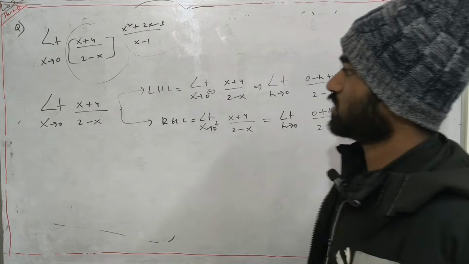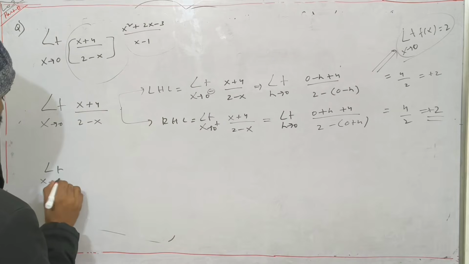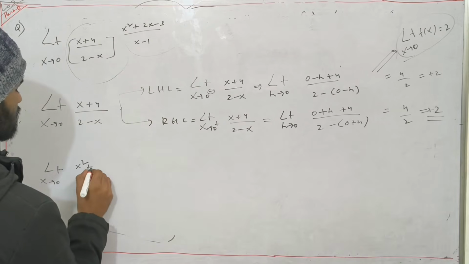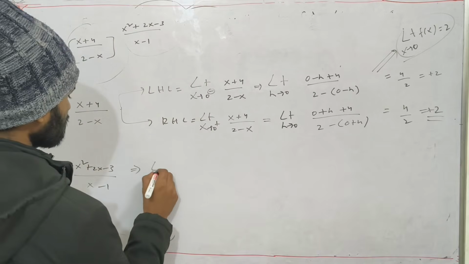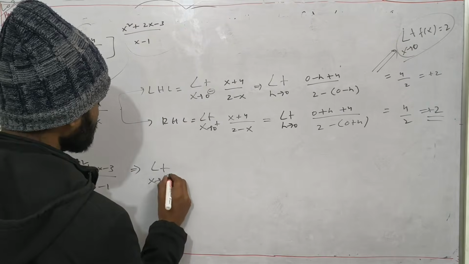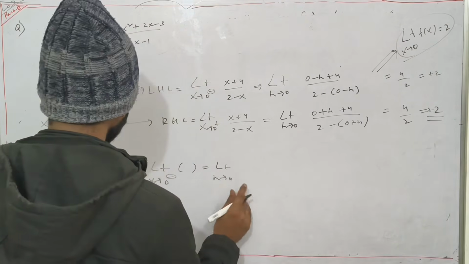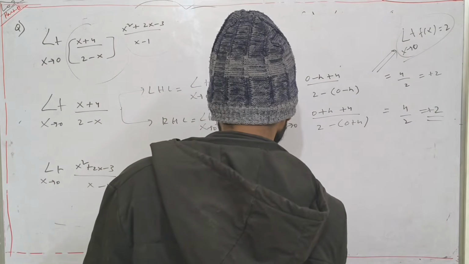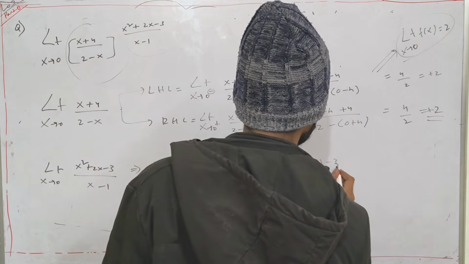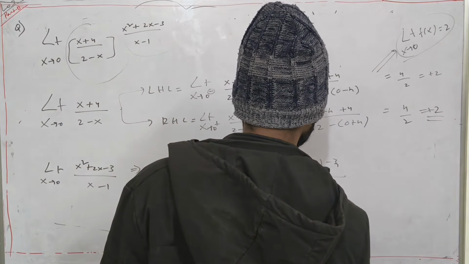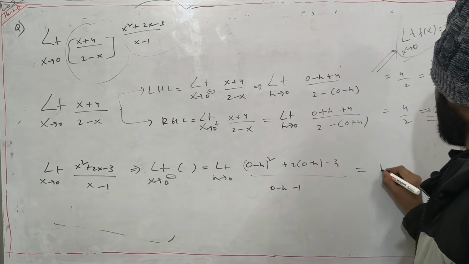Similarly, g(x) is (x square plus 2x minus 3) by (x minus 1). Left hand limit: limit x tends to 0 minus of g(x), equals limit h tends to 0 of ((0 minus h) whole square plus 2 into (0 minus h) minus 3) by (0 minus h minus 1). This is minus 3 by minus 1, which is plus 3.